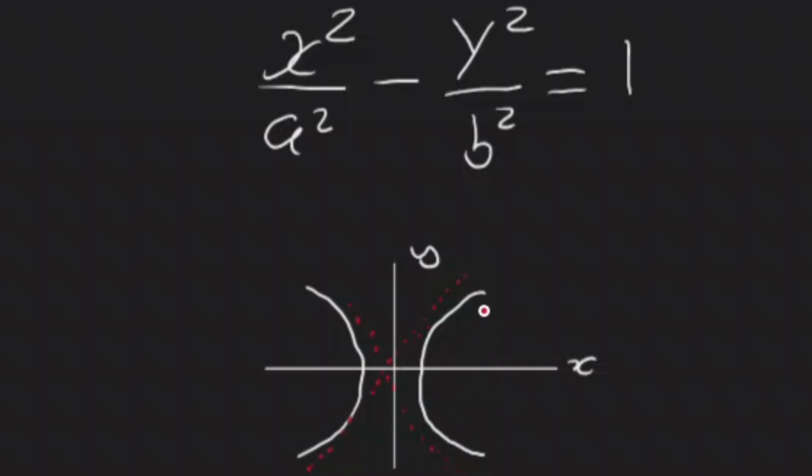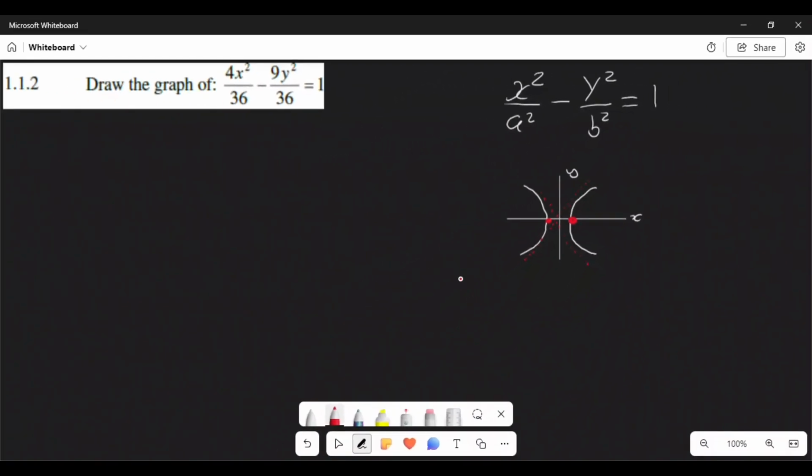I'm gonna explain this later, but basically this graph that you see here is supposed to look like this. I hope you guys can see this, right? And then we have another one where y is positive. So another one, it looks like this. They're still all central hyperbola, by the way.